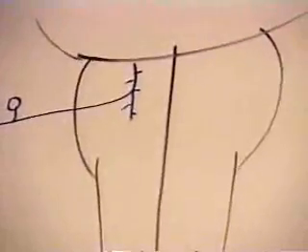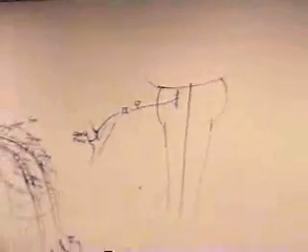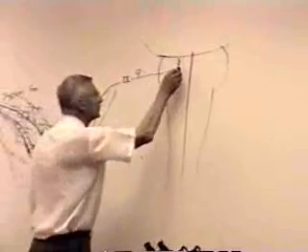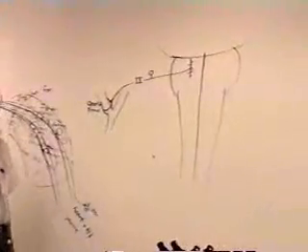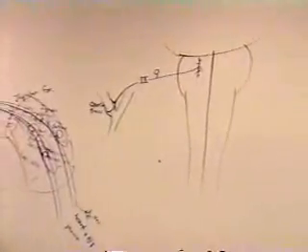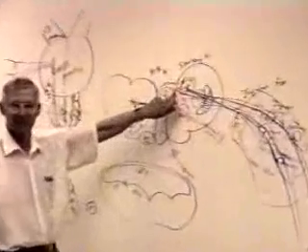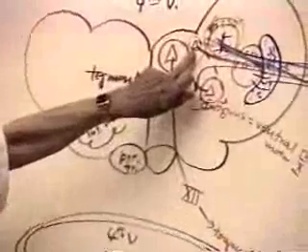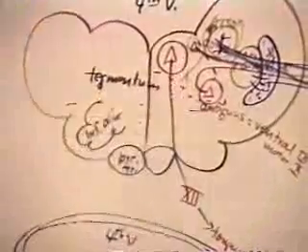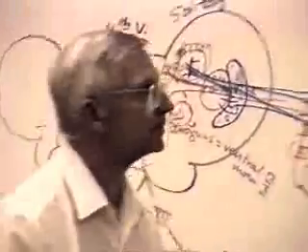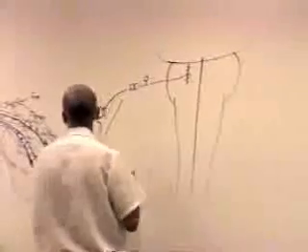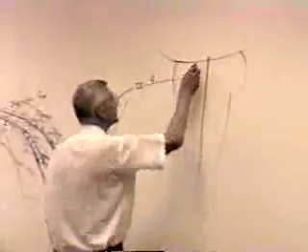And connections from the nucleus to the dorsal motor nucleus of the vagus, put that in. Dorsal motor vagus is going to be just medial to this.